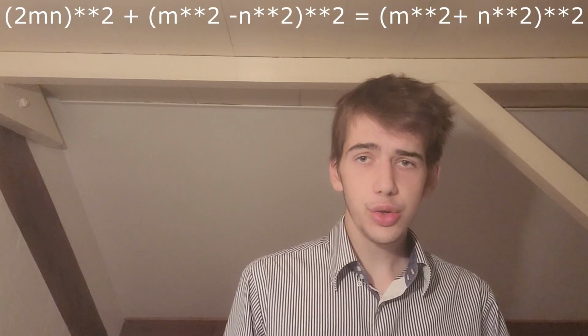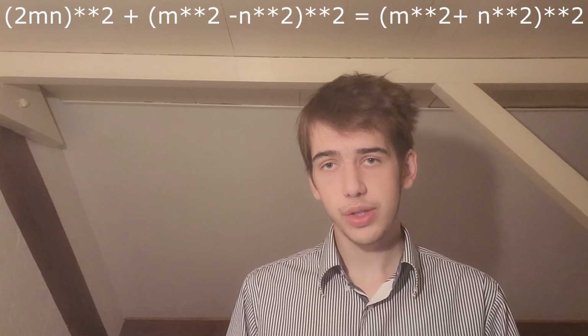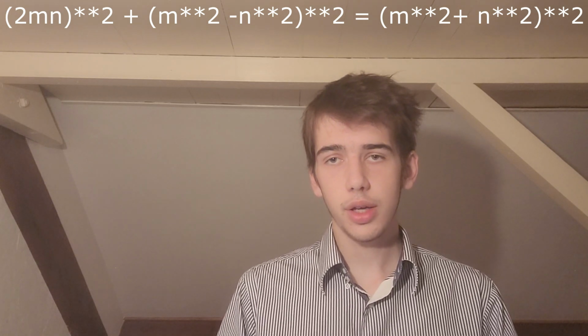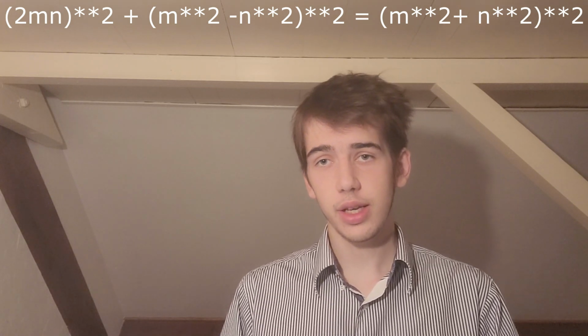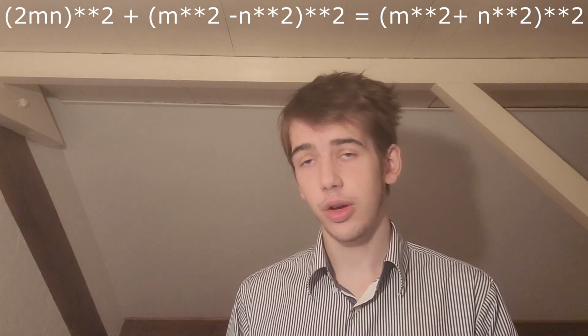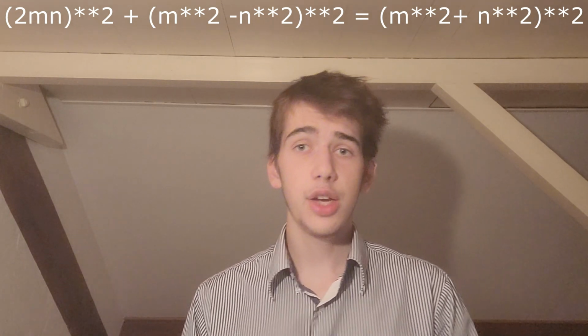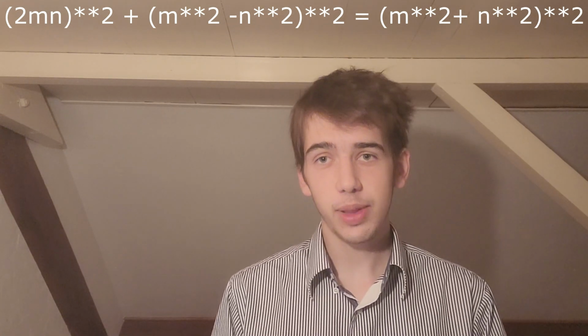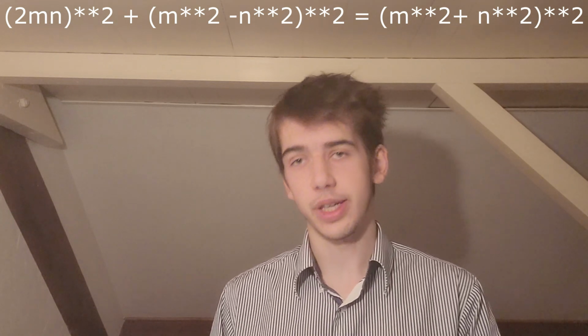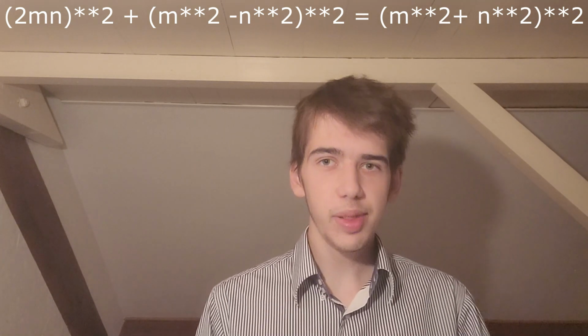If we replace it in the equation, we get (2mn) squared plus (m squared minus n squared) squared equal to (m squared plus n squared) squared. Now we replace with the numbers, because m is equal to 4 and n is equal to 3.